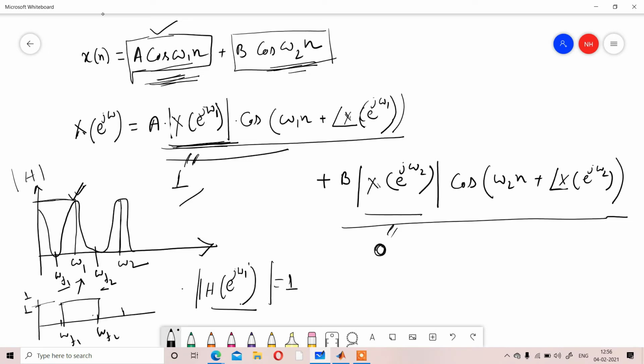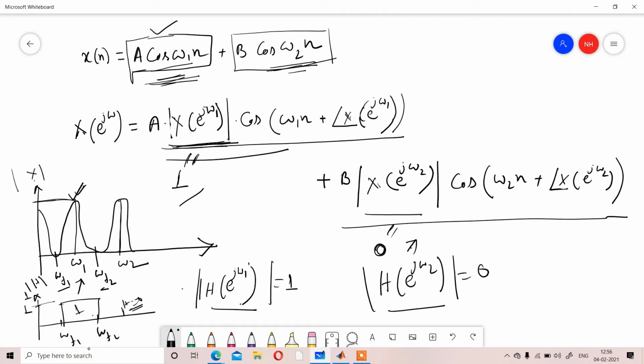And if we design h e to the power j omega 2 by making it 0, for this case h1, for this case we are making h 0, means h e to the power j omega 2 we are making 0, and we are multiplying that to that sequence.